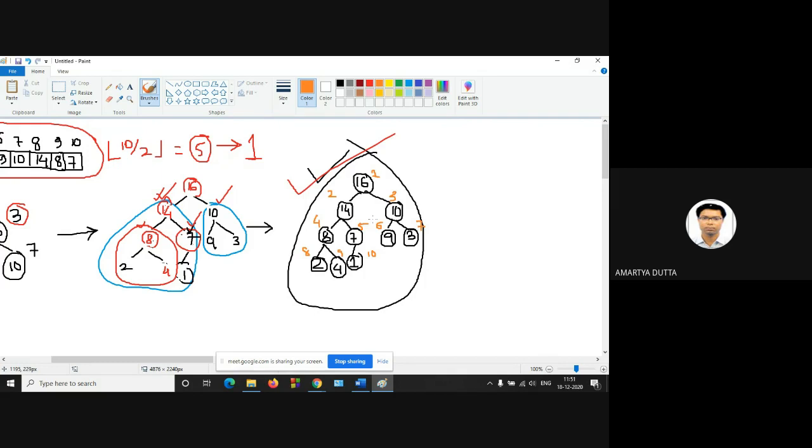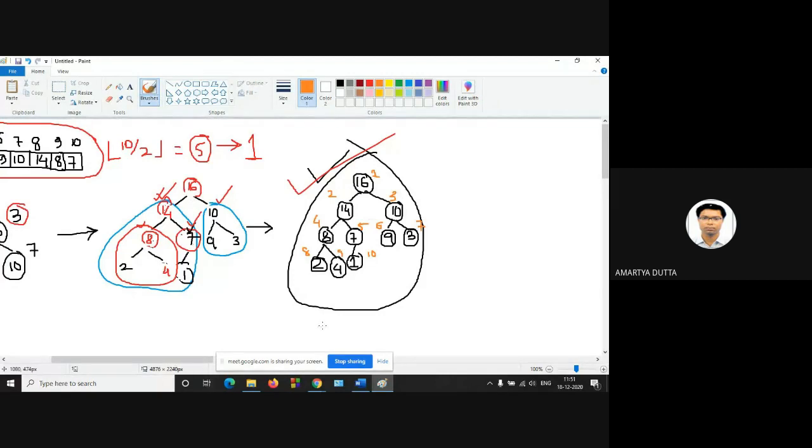Do you have any idea what is the complexity for finding the largest element? Sir, in case of a heap, it will be 1, because the root is the maximum. The root is obtained in constant time. For a max heap, the root is the maximum number. Okay.